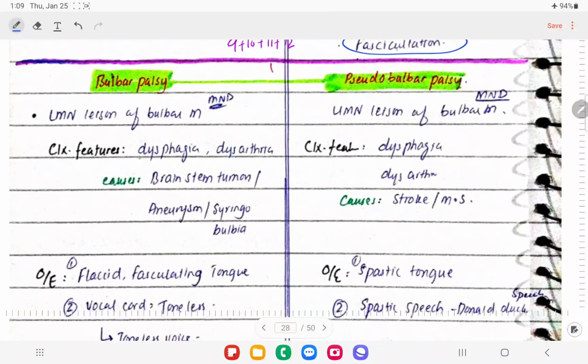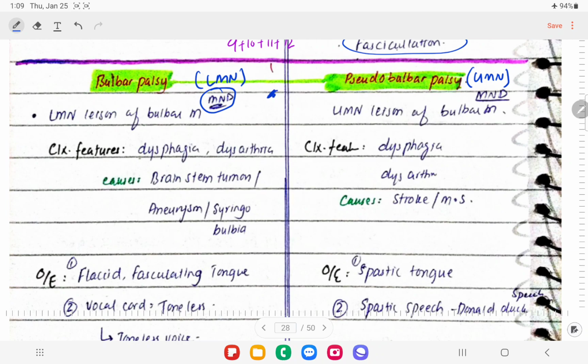So if we talk about bulbar and pseudobulbar palsy, so pseudobulbar palsy is basically a type of upper motor neuron lesion, and bulbar palsy is a type of lower motor neuron lesion, right? Okay, we can see these palsies in motor neuron disease, right? So what happens, let's say this is the motor cortex, Brodmann area 4, right?